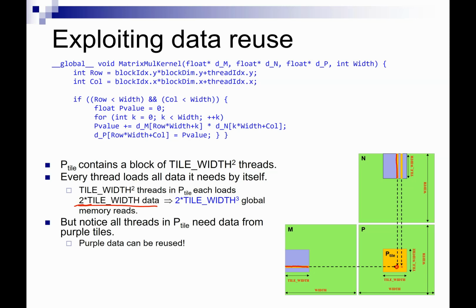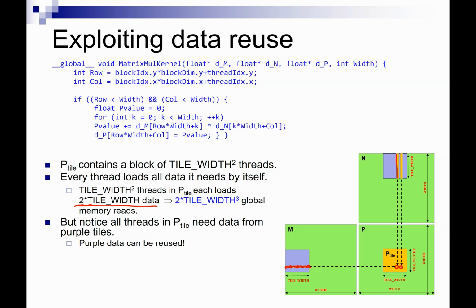Now, the property that we're going to exploit in data reuse is this: if you look at 2 different threads on the same row, this thread is going to be reading all of this data from M, but another thread from the same row also needs the same block of data from M. If these 2 threads operate independently, the first thread reads this chunk of M, and the next thread rereads this chunk of M from global memory.